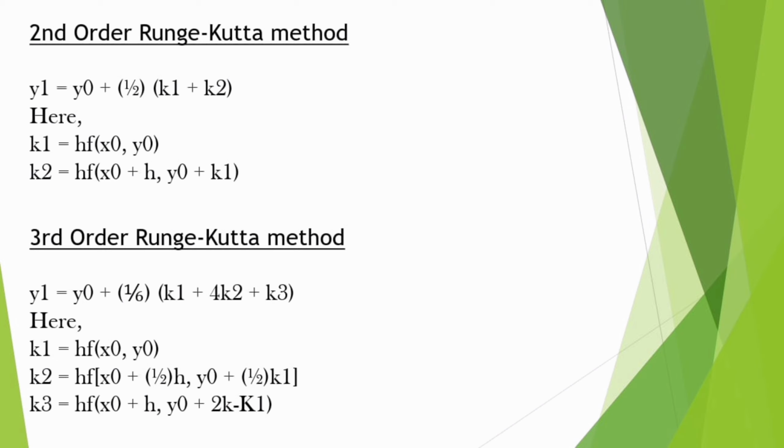And the formula for the third order Runge-Kutta method is y1 is equal to y0 plus 1 by 6 of (k1 plus 4k2 plus k3). Here k1 is equal to h f of x0 comma y0, k2 is equal to h f of (x0 plus h by 2, y0 plus k1 by 2) and k3 is equal to h f of (x0 plus h, y0 plus twice k2 minus k1).